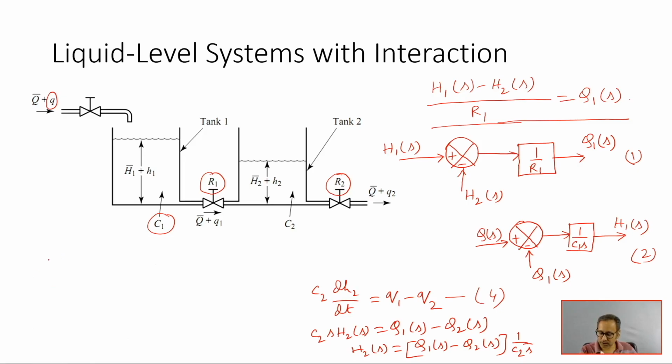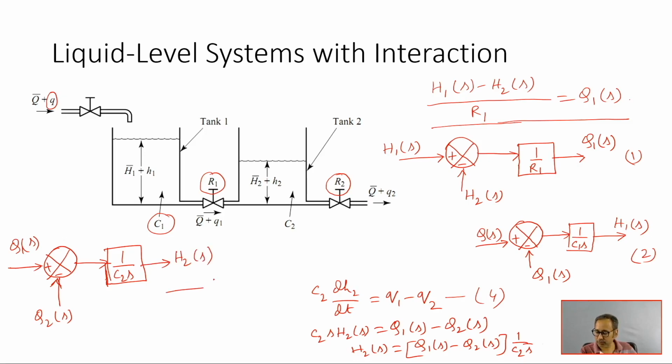So, this block diagram will be another summing point, plus and minus, with Q1(s) and Q2(s). This output is multiplied by 1 by C2 s, and this output is going to be H2(s).